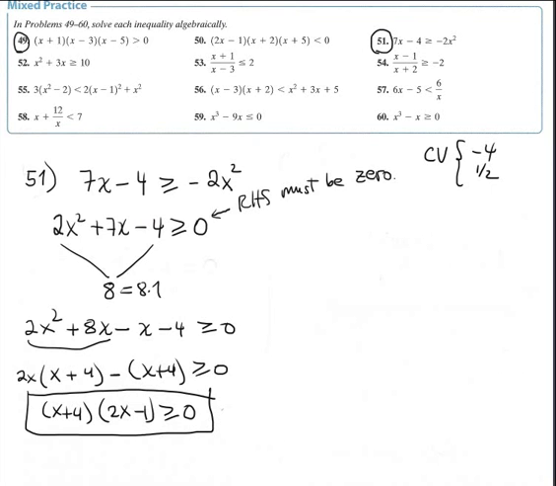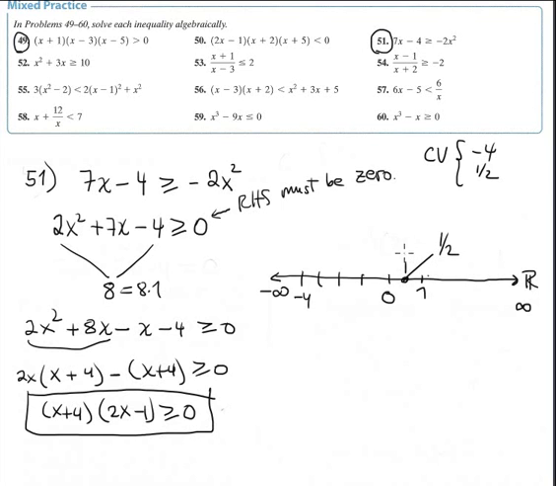Okay, now let's do the partition using the critical values. This is 0. This is 1, negative 1, negative 2, negative 3, negative 4, and half here.